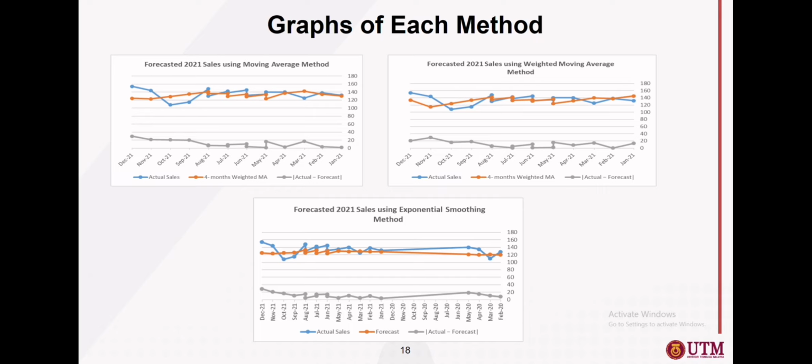For the weighted moving average method, it also shows the distribution between 120 to 160 between the blue and red lines. For the exponential method, the distribution also showed results between 100 to 160 between actual and forecasted sales.